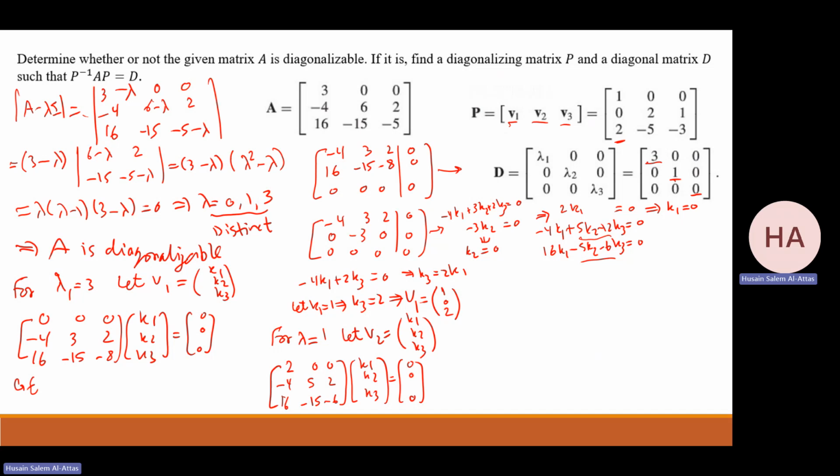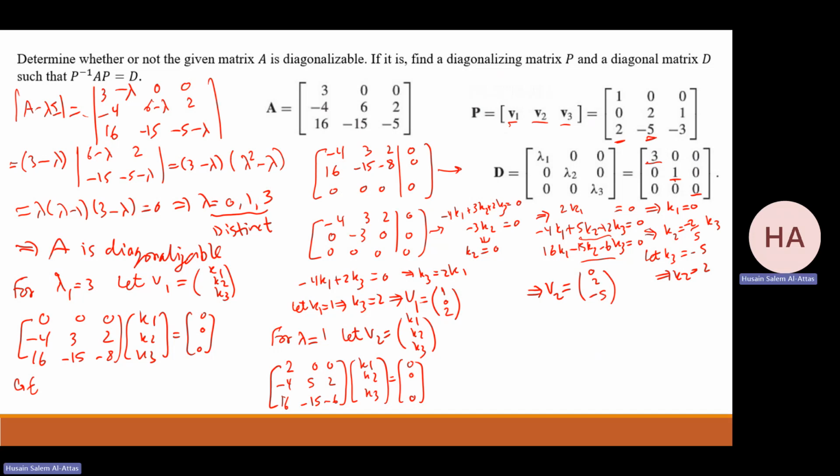Multiply by minus 3, we'll get the second one. This is 15, sorry. So it means k2 is 2 over 5 minus 2 over 5 k3. So I let k3 be minus 5, k2 equal 2. So my v2 will be 0, 2, minus 5, which is this one.